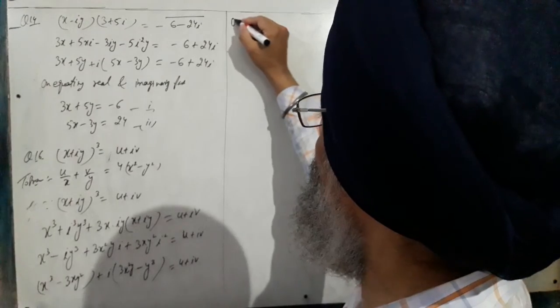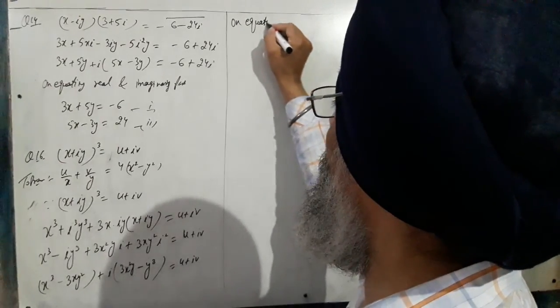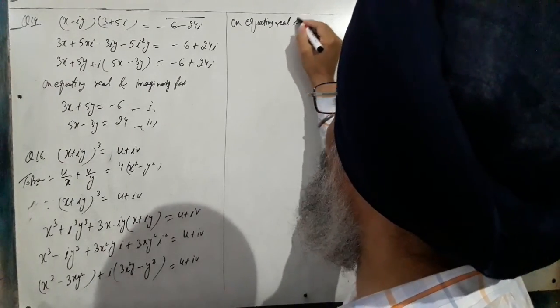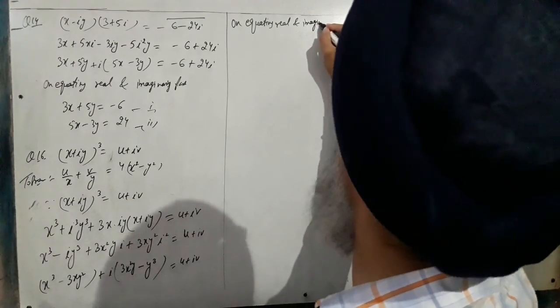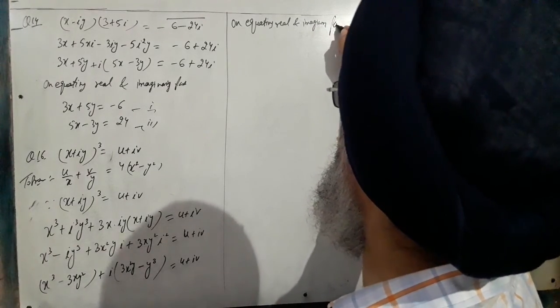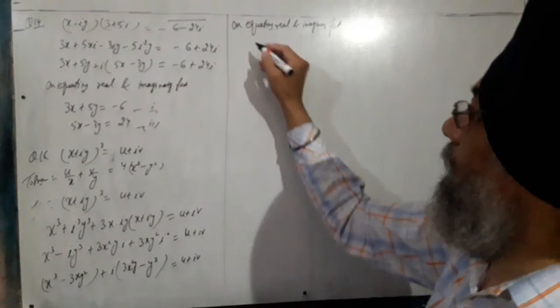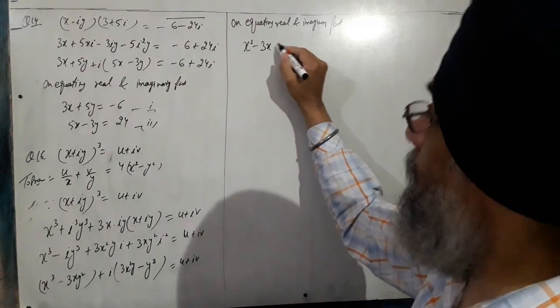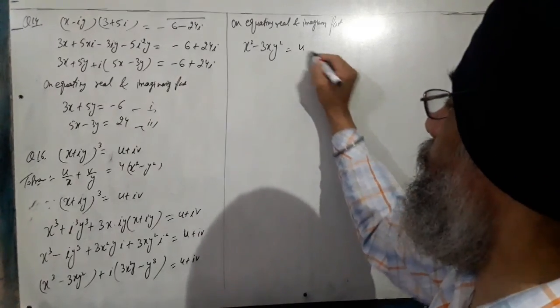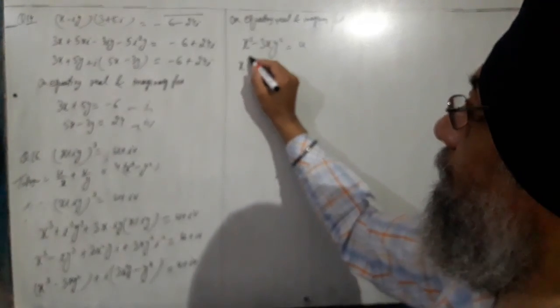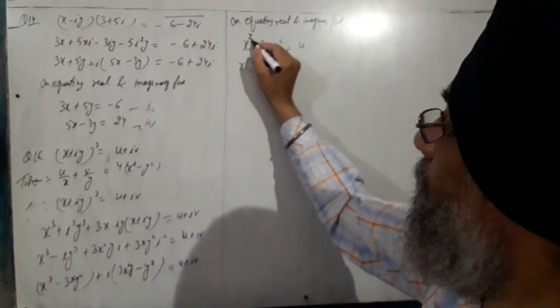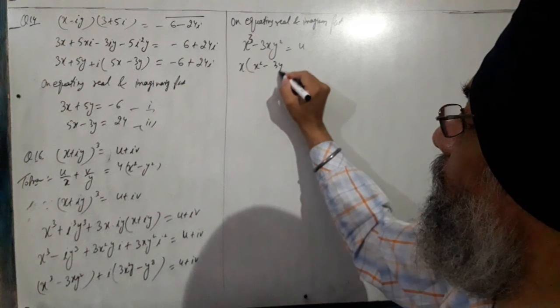On equating real and imaginary parts, the real part is x cube minus 3x y square is equal to u. Taking x as common, x square minus 3y square is equal to u upon x.